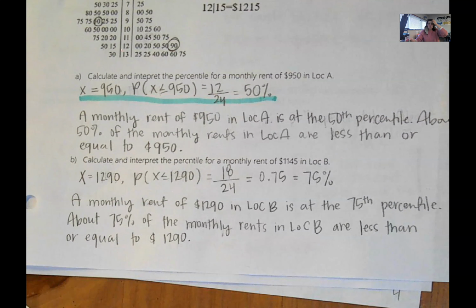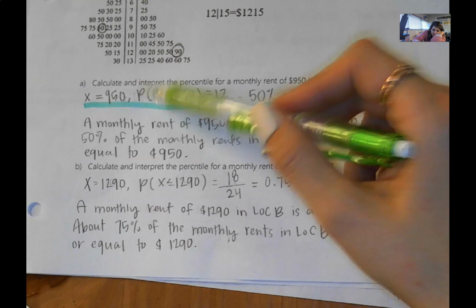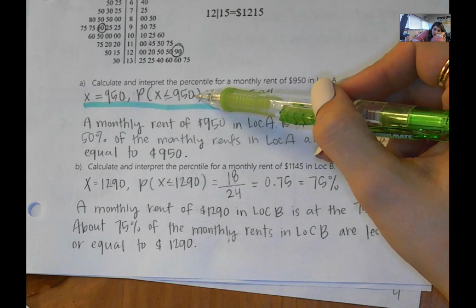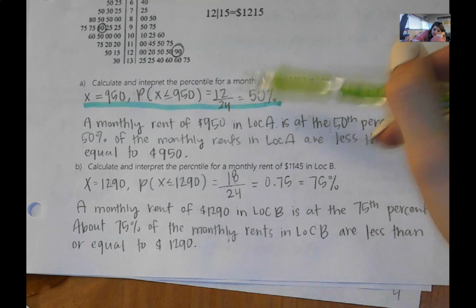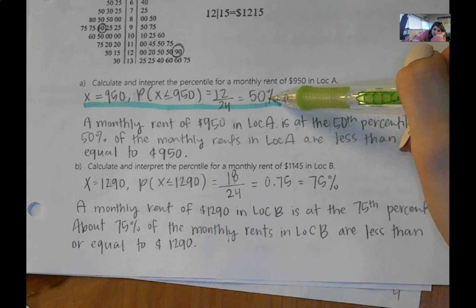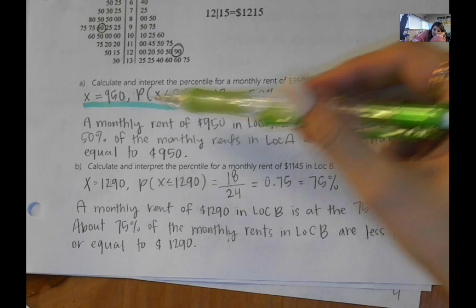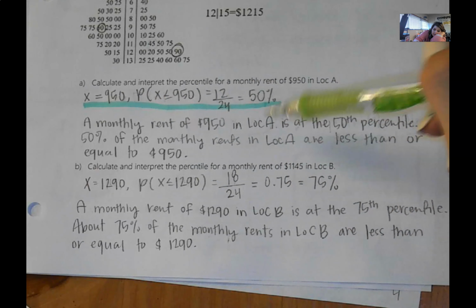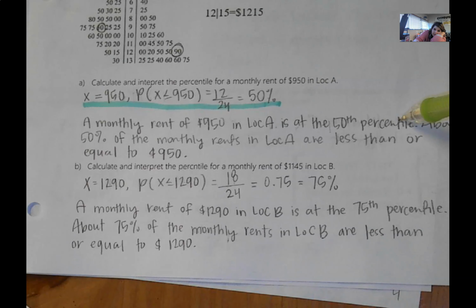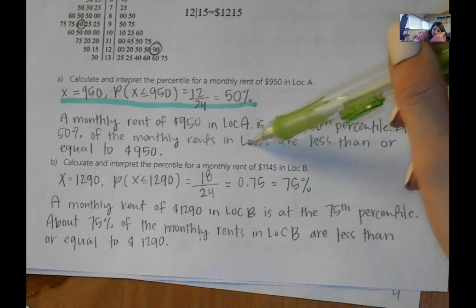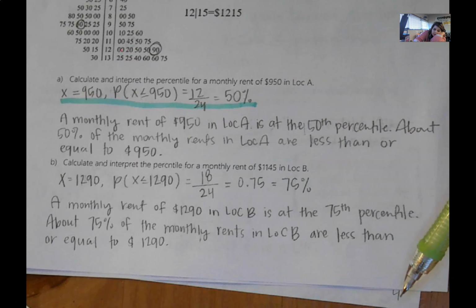You're finding the P, capital P for percent, of observations less than or equal to 950. That's 12 of the 24, or 50%. A monthly rent of $950 in location A is at the 50th percentile. About 50% of the monthly rents in location A are less than or equal to $950.